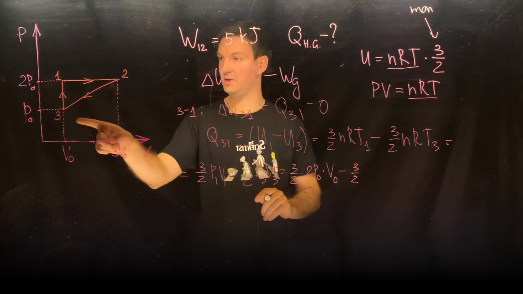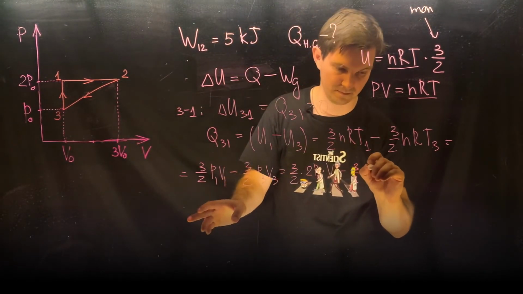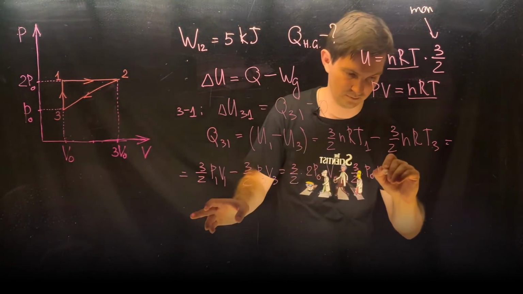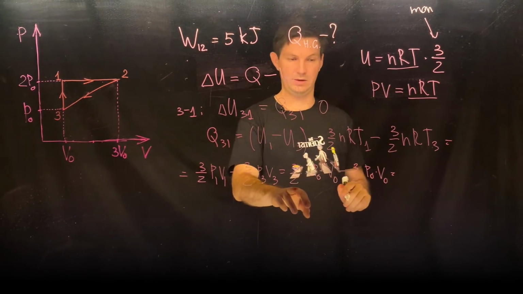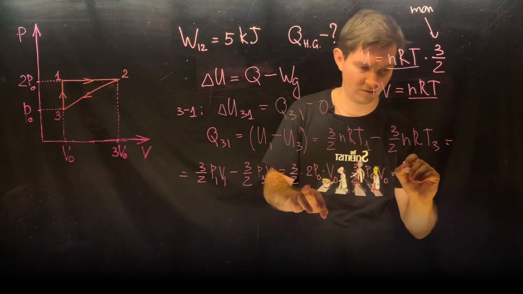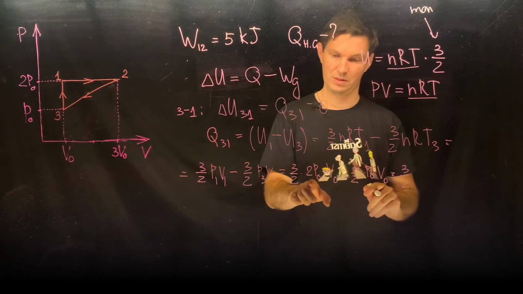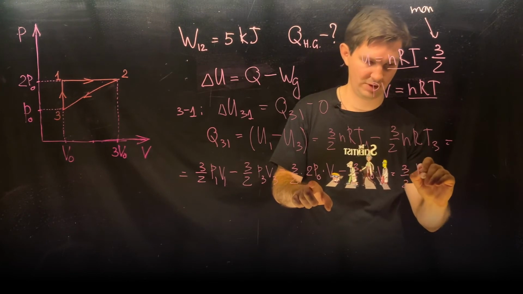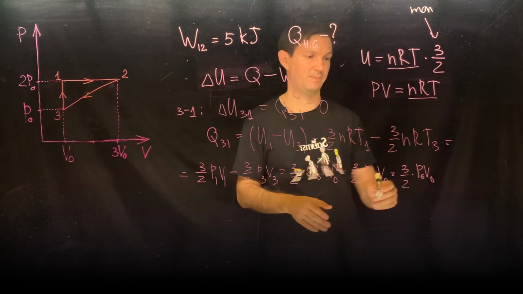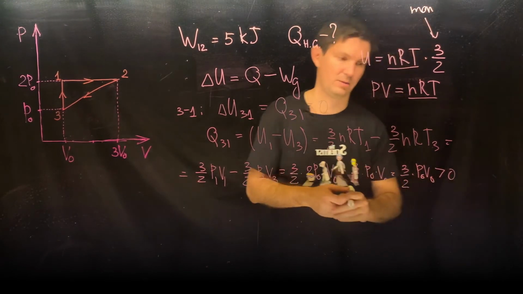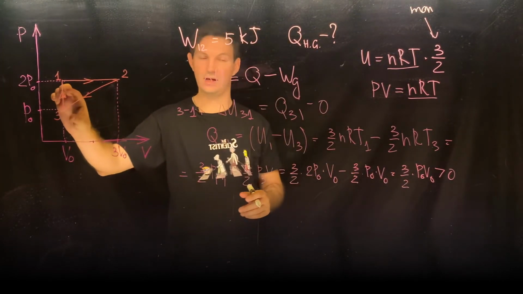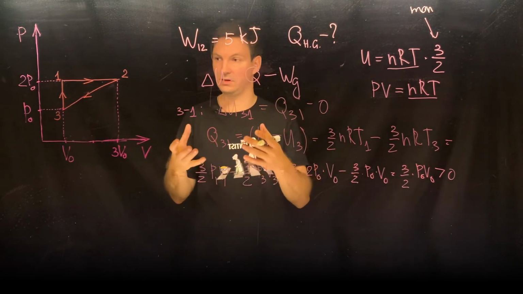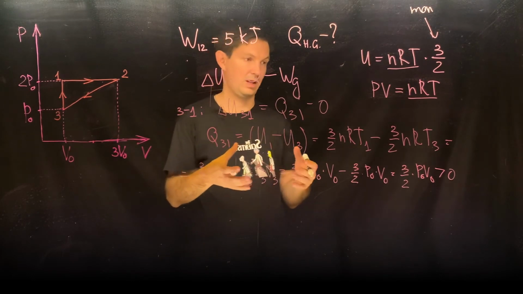Pressure in the third state is P0 times V0, and it is 3/2 times P0 V0, and this is a positive number. It means that our gas gains heat from the surroundings, and it doesn't give off any heat.